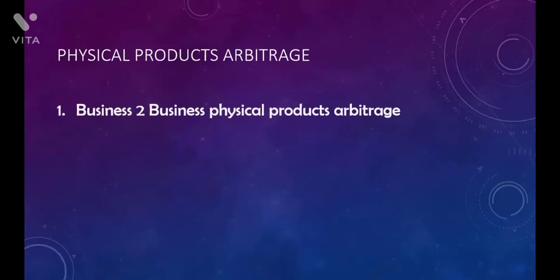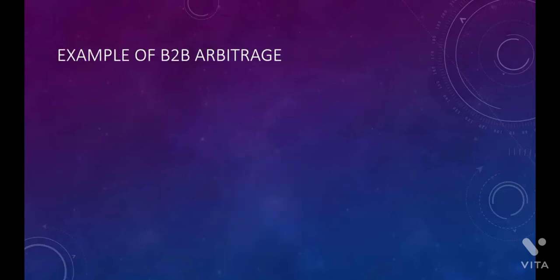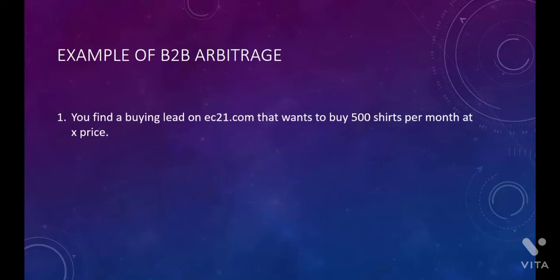First of all, we have the first type of physical products arbitrage, which I personally like very much, which is business to business physical products arbitrage. And let me just give you an example of this type of arbitrage, because it's a little bit different than what we will talk about in this class, but it can be a very lucrative business model.